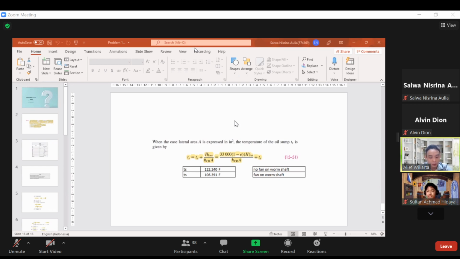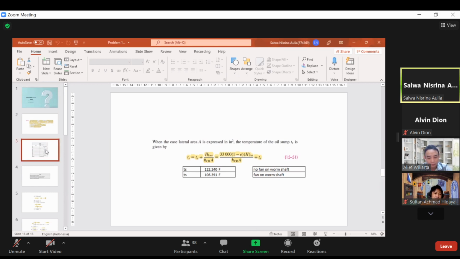Did you notice any big difference between spur gear, helical gear, and this worm gear? I think the difference is in the ratio.